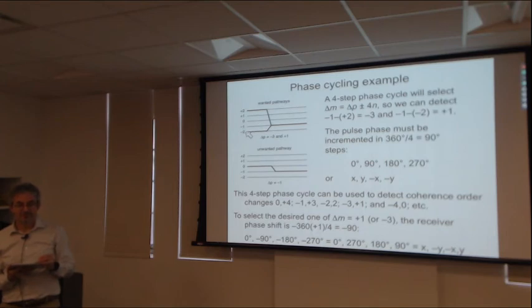So the only key part here is figuring out what coherence orders are excited by your phase cycle and working out how many steps you need in order to reject those that are important to you to be rejected. Because exciting very high orders is difficult.